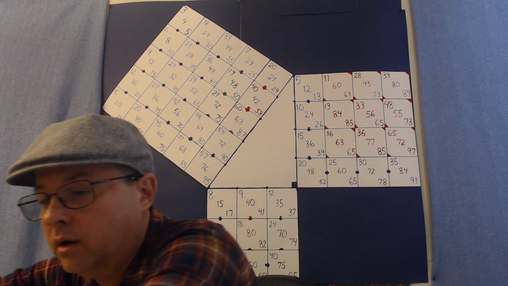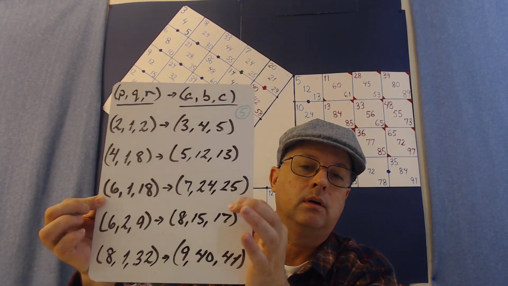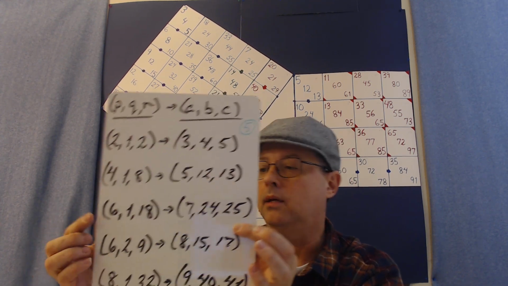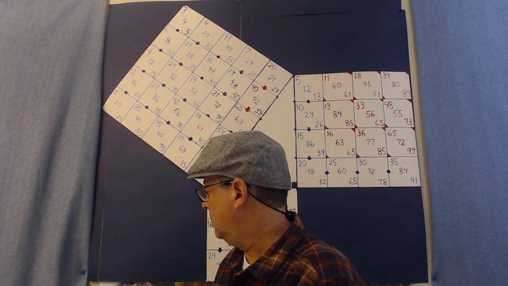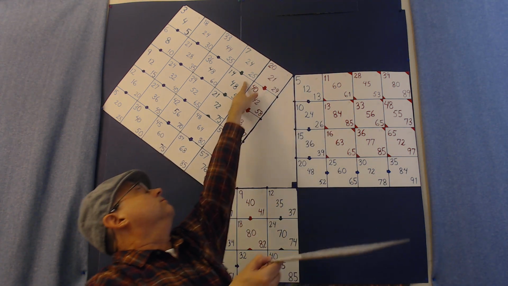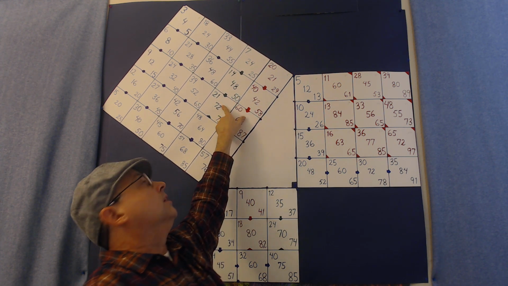Okay, the next one is 7, 24, 25 right here, which came from 6, 1, 18. And so 7, 24, 25 is right here, this family here. You see how that goes down, down, down.